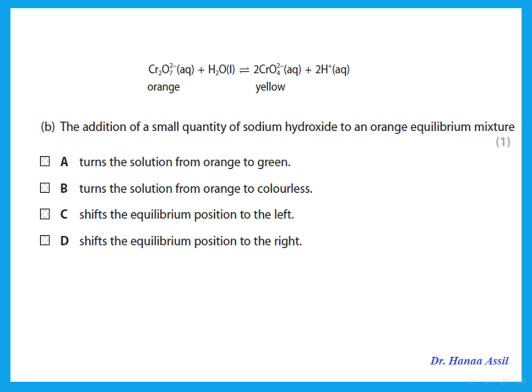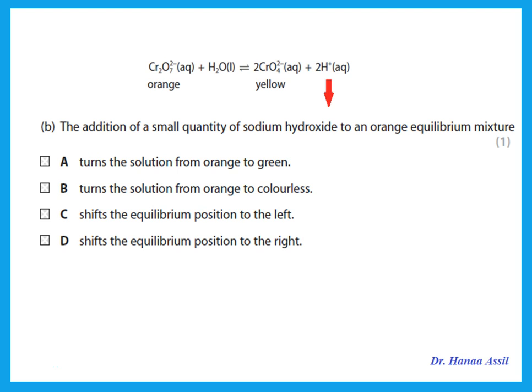Okay, this is another reversible reaction, and he's saying the addition of a small quantity of sodium hydroxide to an orange equilibrium mixture would do what? Now, remember, we're adding sodium hydroxide. What does that have to do with my equation? If I add sodium hydroxide, it is reacting with the H plus ions.